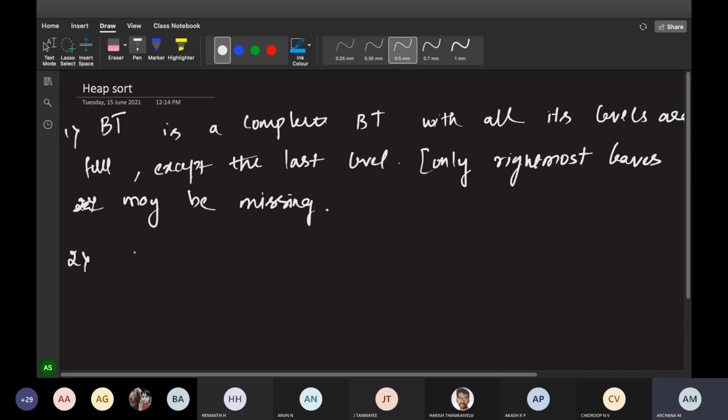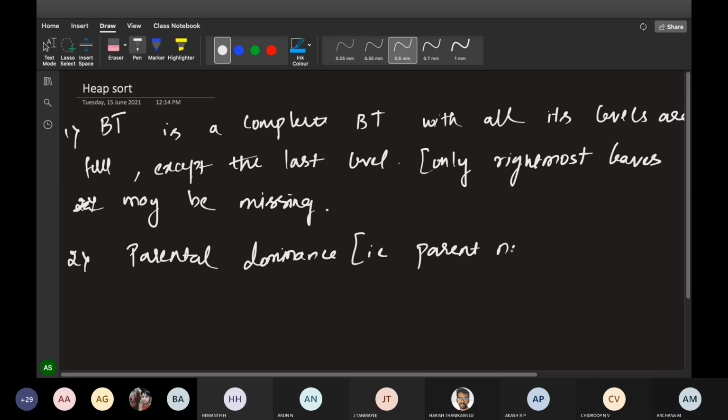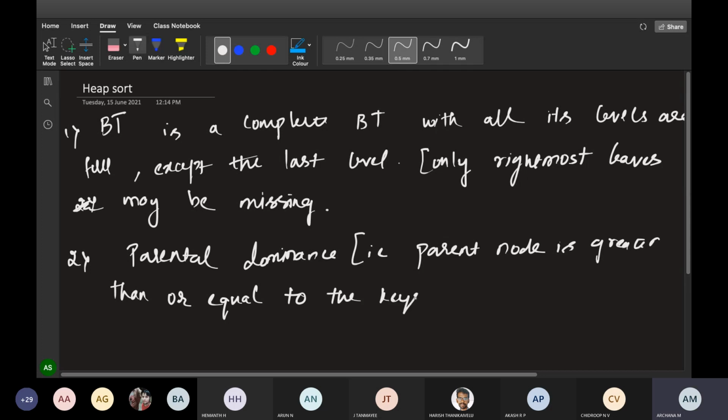And the second rule is parental dominance. That is, when you consider a parent node, it is greater than or equal to the keys of its children. This is very important.